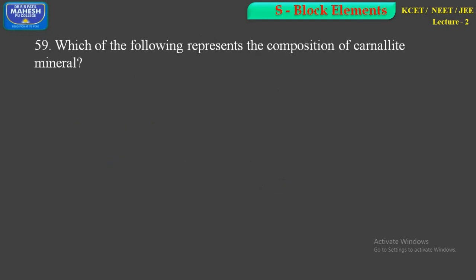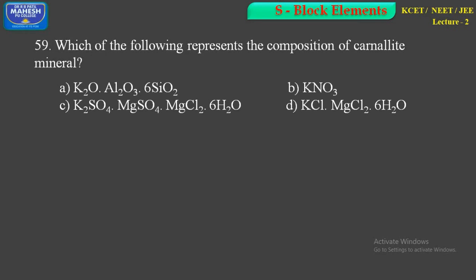Question 59. Which of the following represents the composition of carnallite mineral? Option A, potassium oxide, aluminium oxide, silicon dioxide. Option B, potassium nitrate.